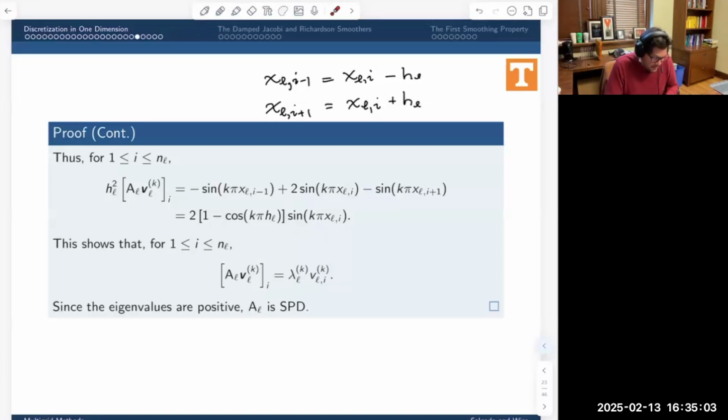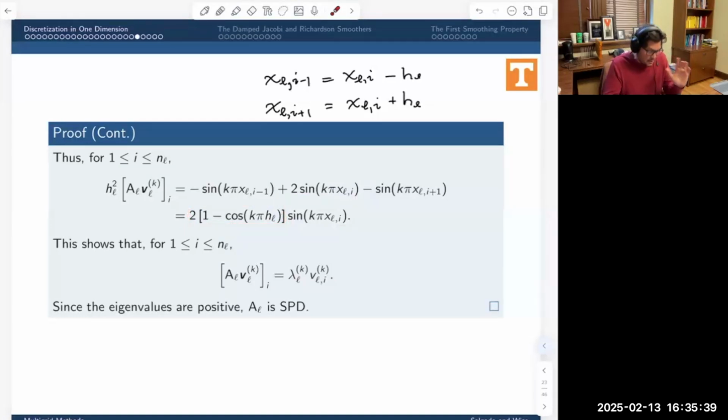However, it's going to be multiplied by 2 times 1 minus cosine k pi HL. The 2 comes from the fact that I can just remove this term right away, and that's 2 times sine k pi XL. And I turn these terms using the sine angle summation formula. One of the terms cancels, and the other term has a cosine k pi HL times sine k pi XLI. Now we notice that this prefactor here is completely independent of I.